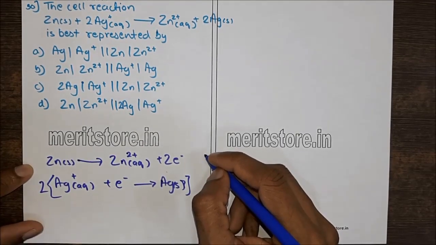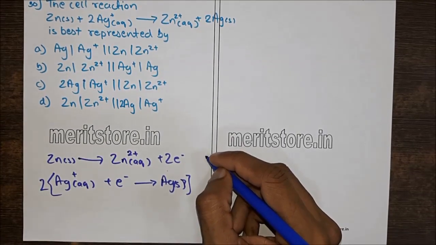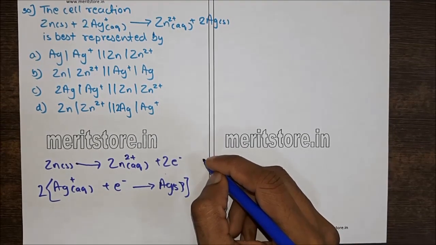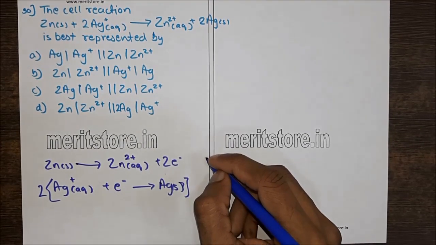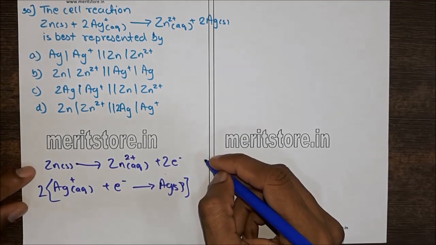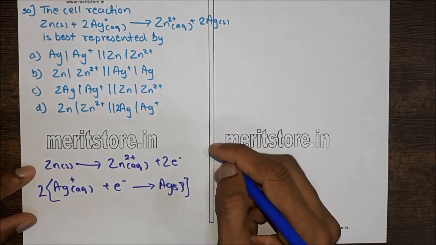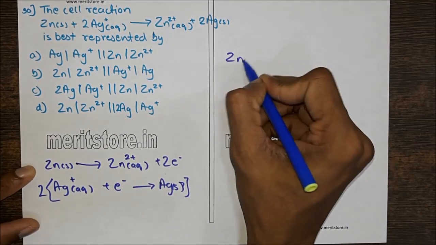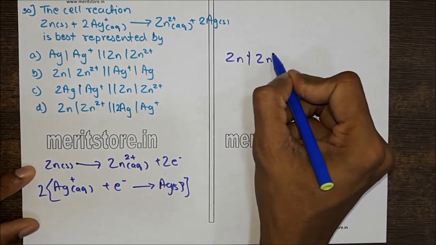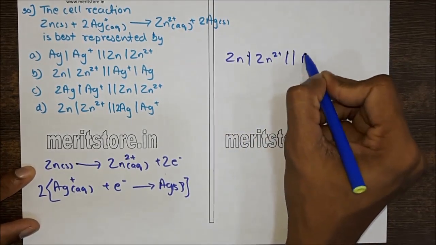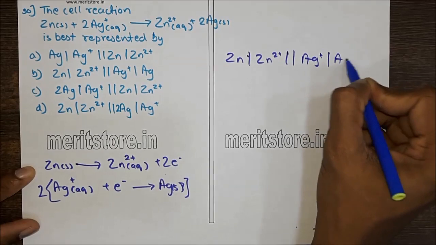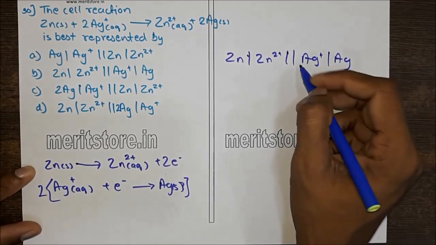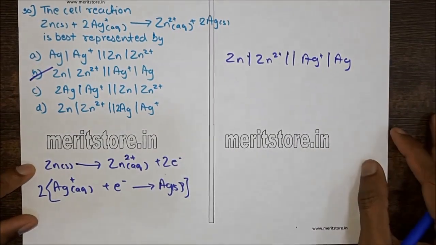The zinc is oxidized and acts as a negative electrode, whereas silver ions are reduced and act as positive electrode, that is cathode. Hence, the cell representation can be given as zinc to Ag plus and Ag, which we see our answer matches with option B. Therefore, option B is the correct answer.